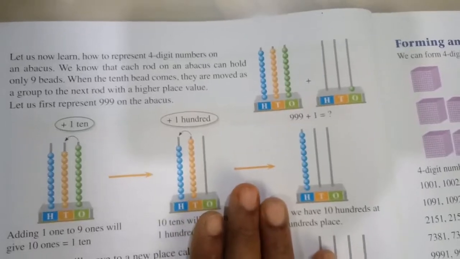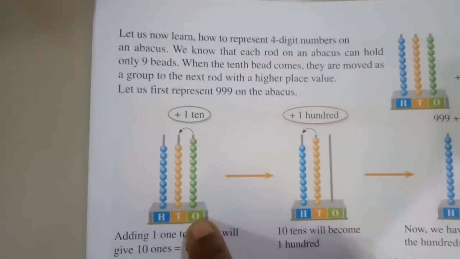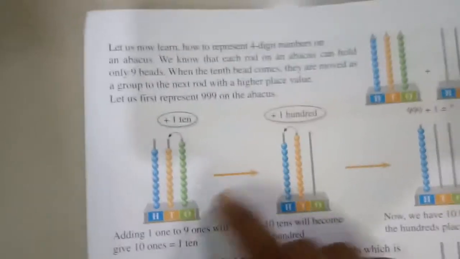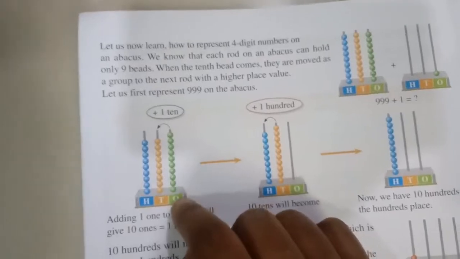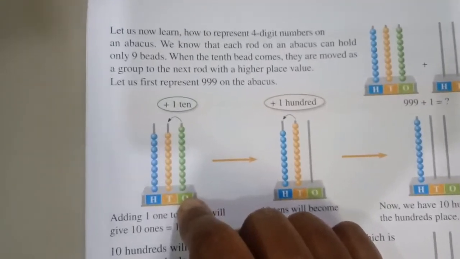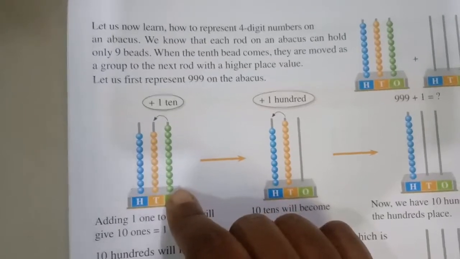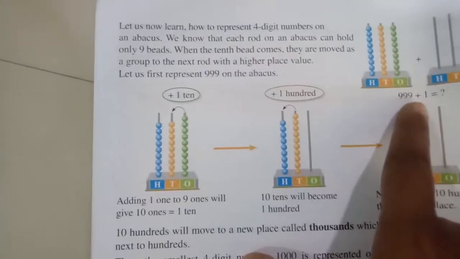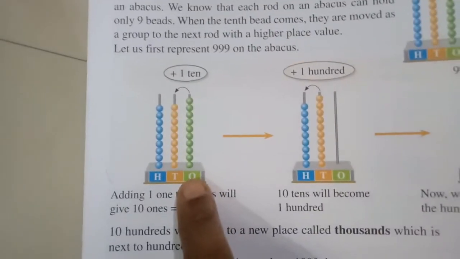Yes or no, children? In the ones place there is 9. If you add 1 to this 9, 10 beads will come. Will you keep all 10 beads like that? No, we should move them. In this 9 you should add 1. If you add 1, what will happen?